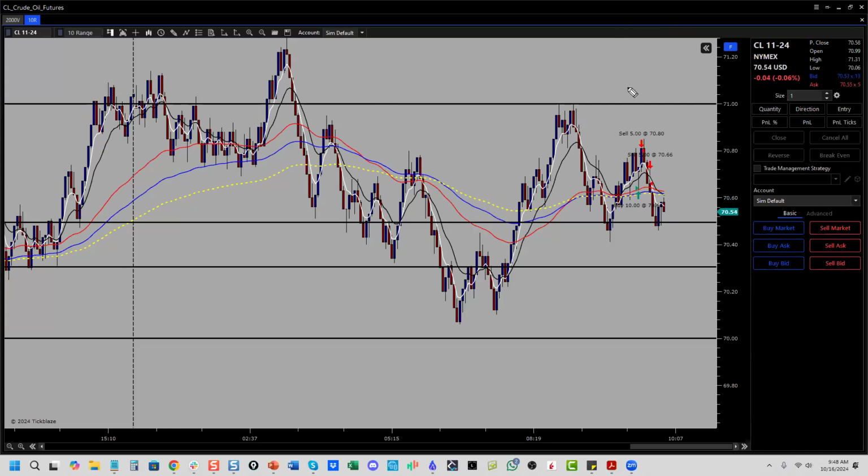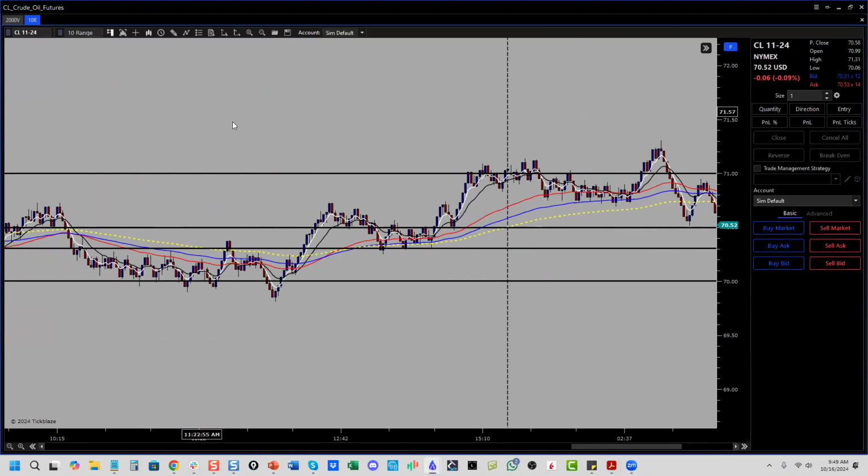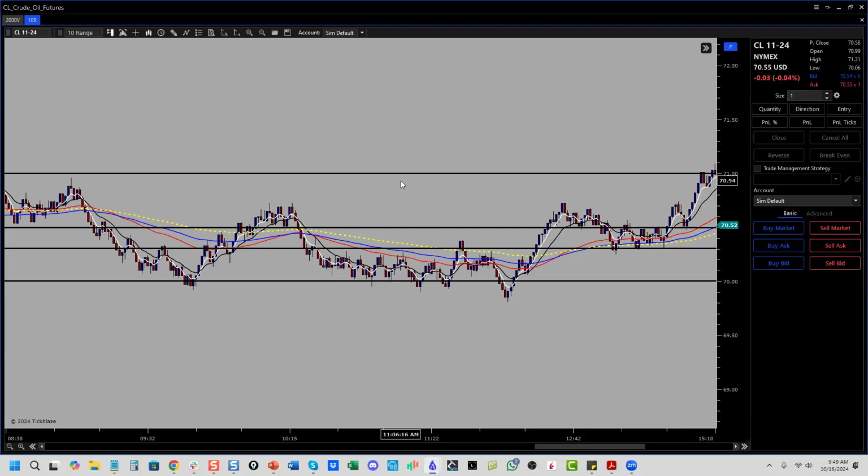The reason I have EMAs on this chart is because sometimes the market's strong trending. Even if I took a resistance level long or short, let me give you an example.